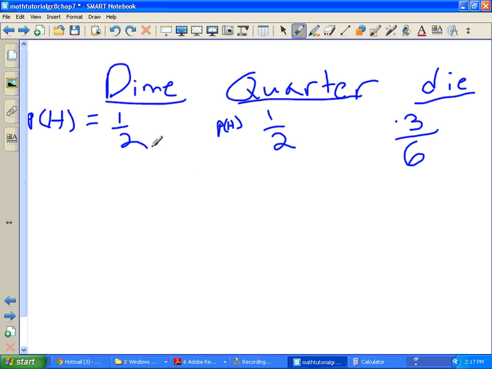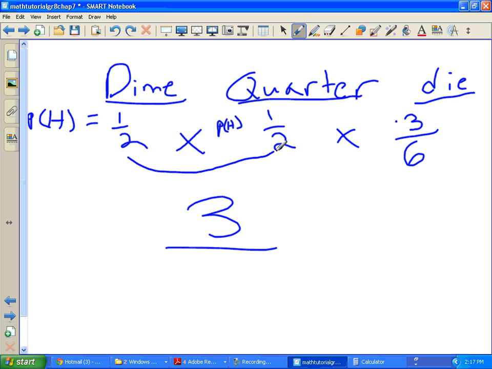Now, if I want to find out the chances of getting all these 3 things together, I simply times them together. So 1 on top times 1 is 1, times 3 is 3. Times the bottoms now, 2 times 2 is 4, 4 times 6 is 24. So I've got a 3 in 24 chance.